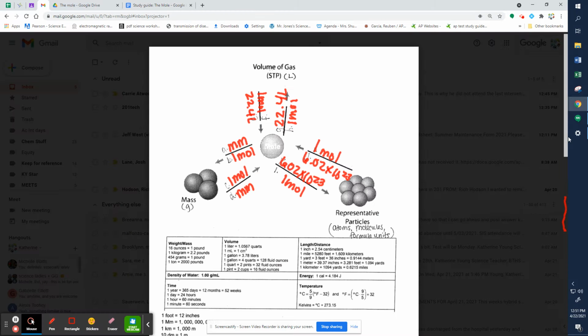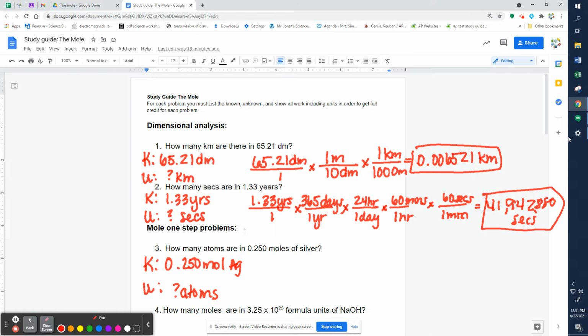So if we go back to our picture, we're going to go from the mole to the number of atoms. So we're going to use this one, multiplying by 6.02 times 10 to the 23rd over 1 mole. Take our known and put it over 1. Do not forget our units.